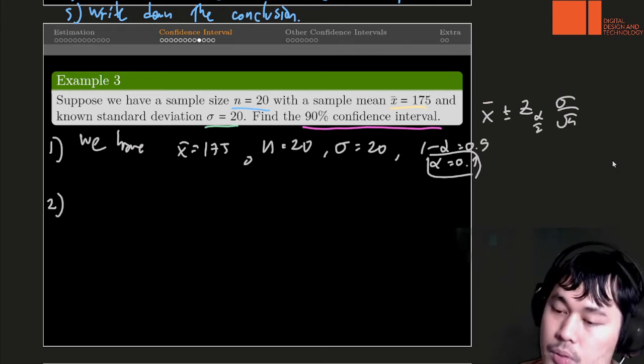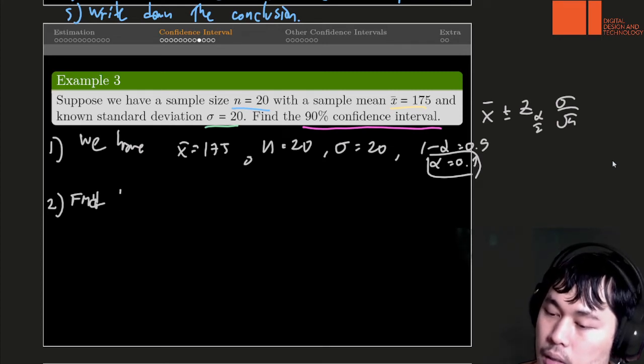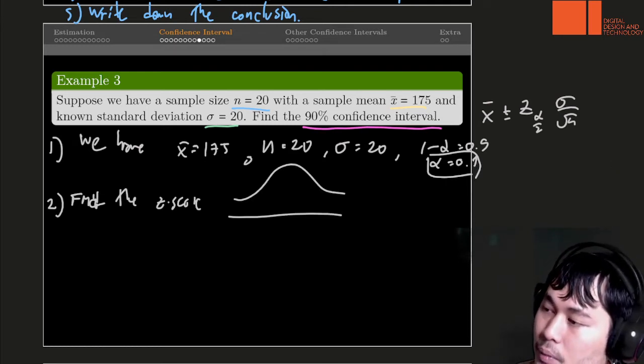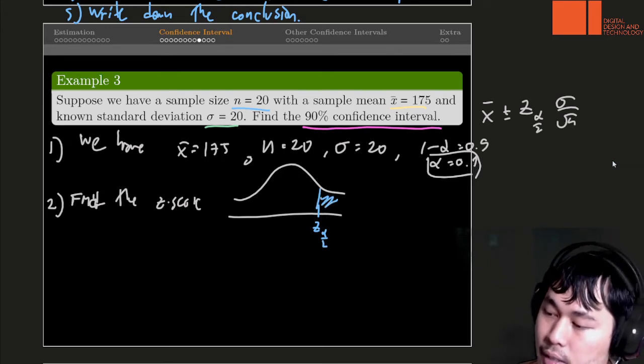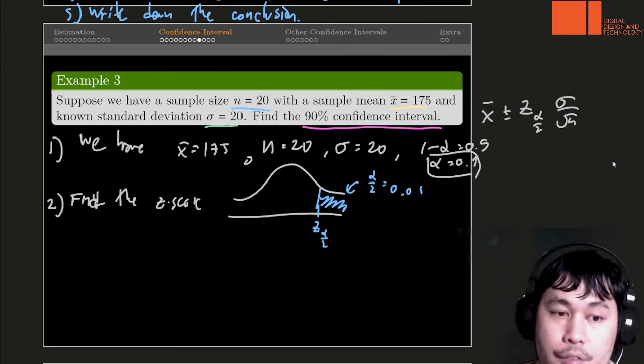In step 2, maybe we find the z-score. Visually, we want this point such that the area here is alpha over 2. In this case, the area is 0.05.